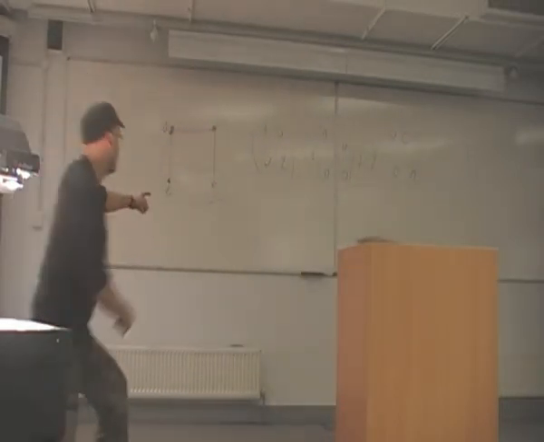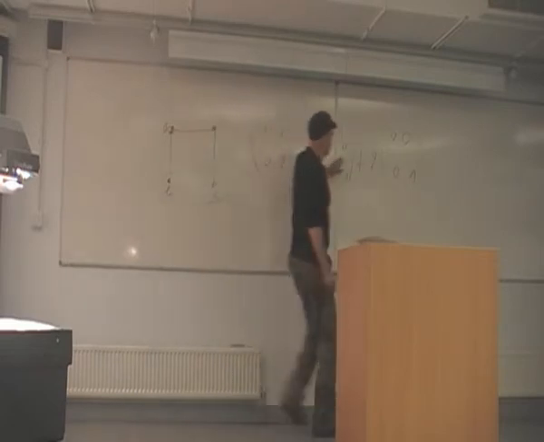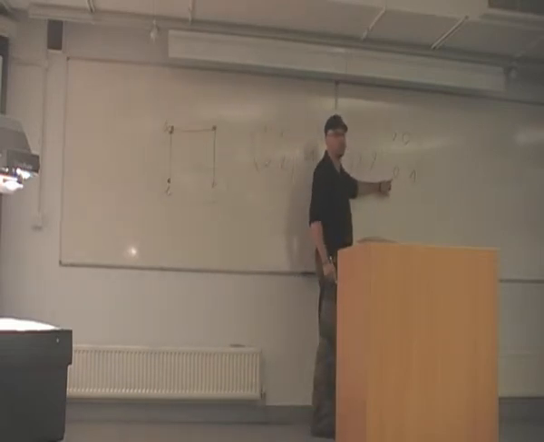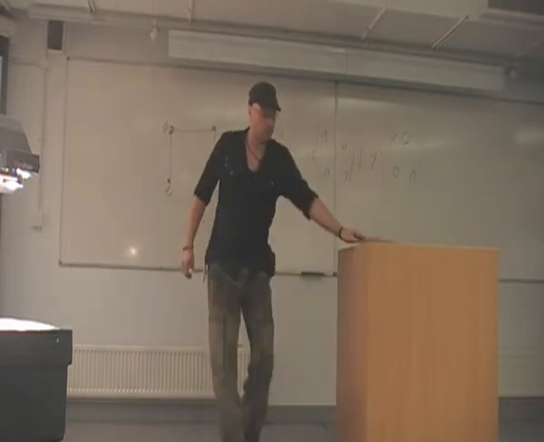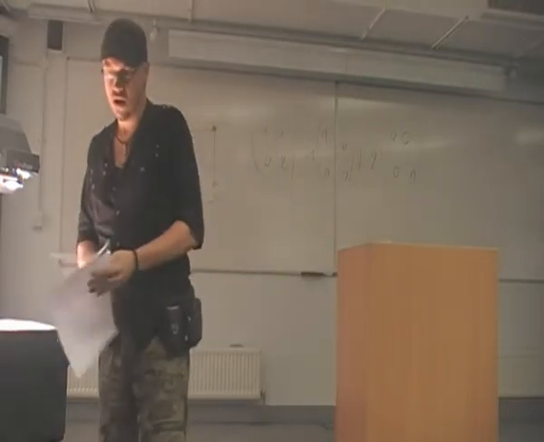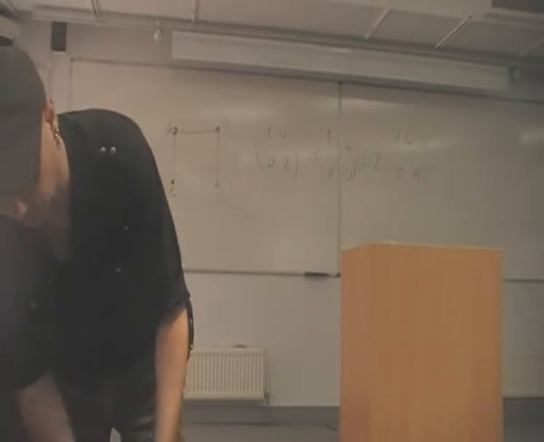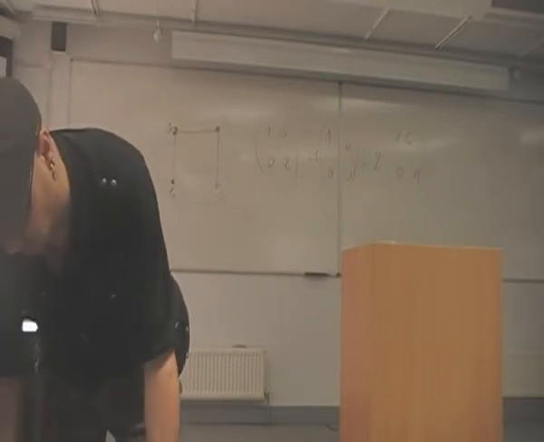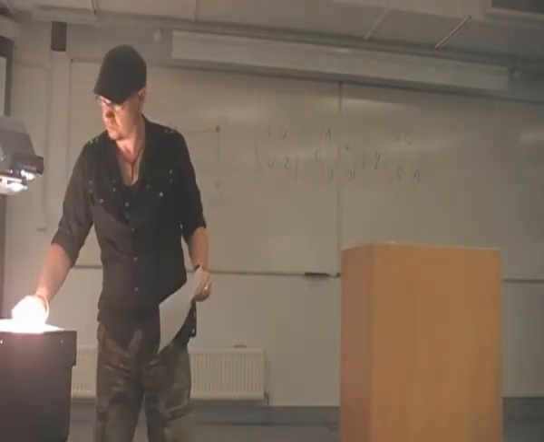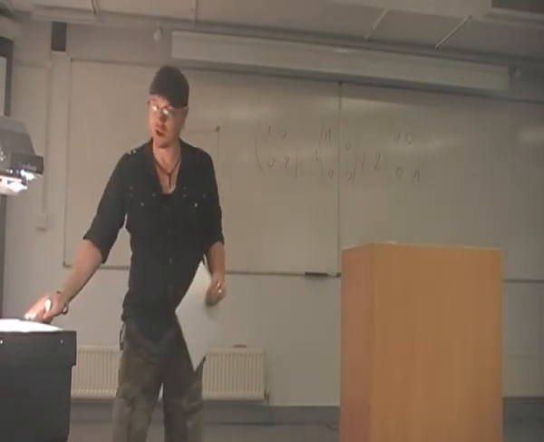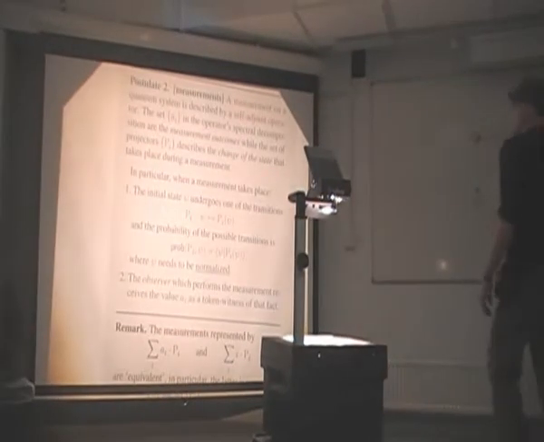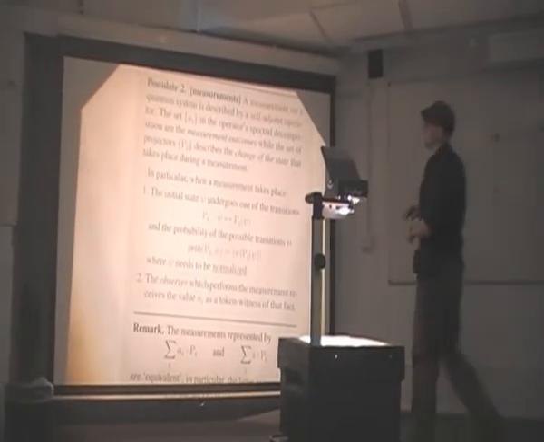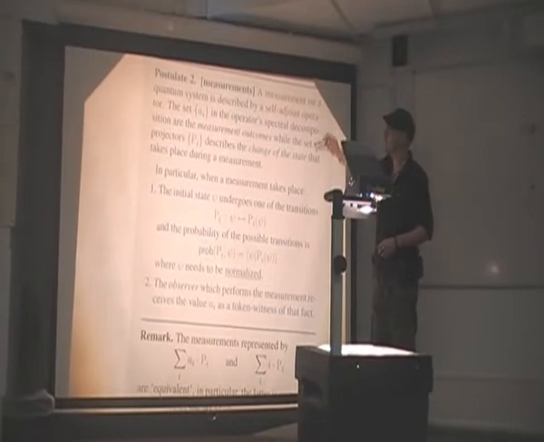You see these two things are orthogonal, because if I multiply them I get 0. And if I add this sum together, I get the identity, 1. So now, here is the reason I've been introducing these things. Postulate 2 of quantum mechanics: a measurement on a quantum system is described by a self-adjoint operator.